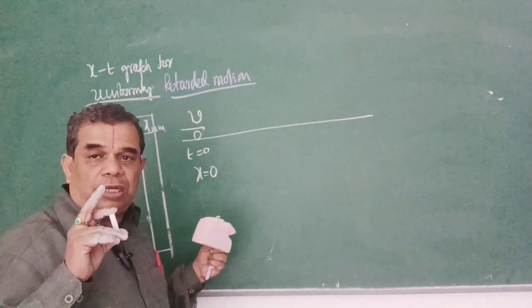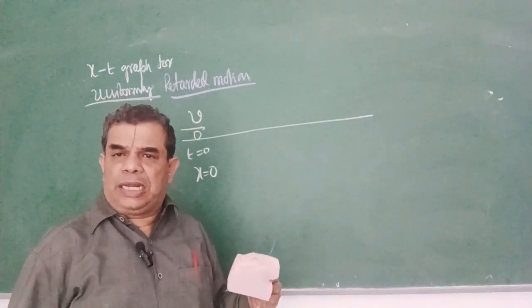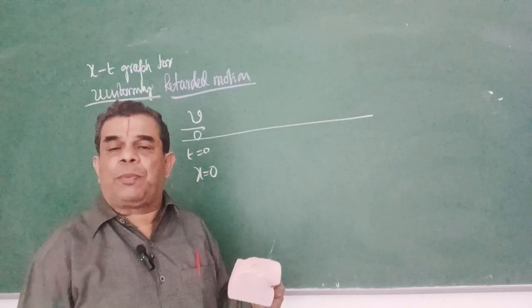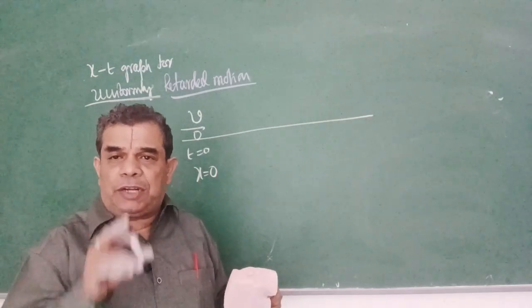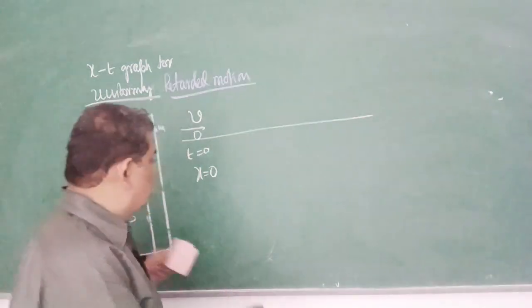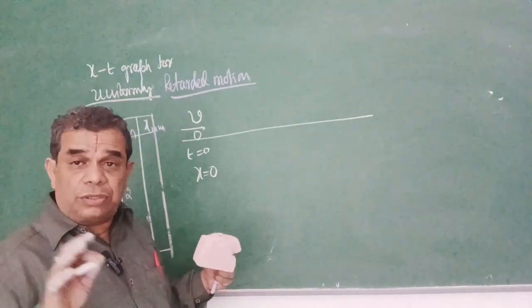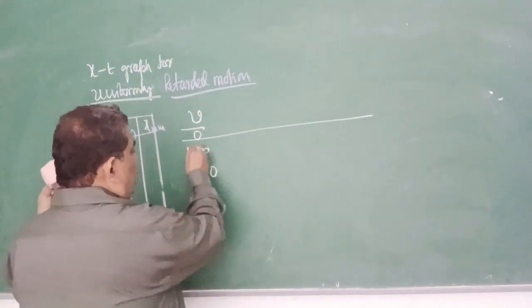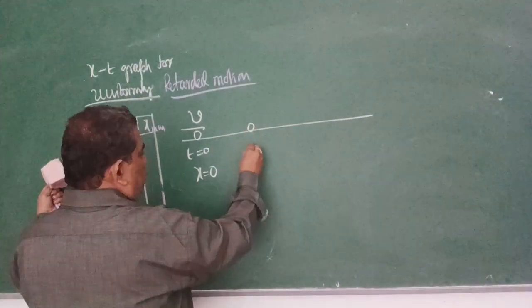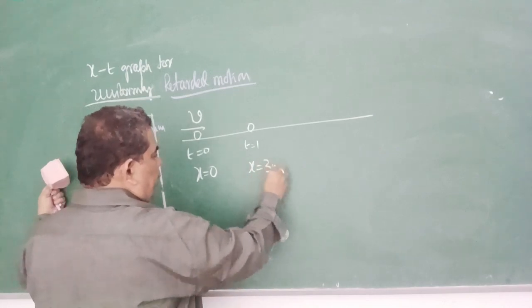Say for example, when we are moving in a car or any vehicle, when the brakes are applied, from that instant we start counting the time. That's why t is 0, and we start counting the distance also. That's why x is 0. After 1 second, t equals 1 second, it might have covered 3 meters.